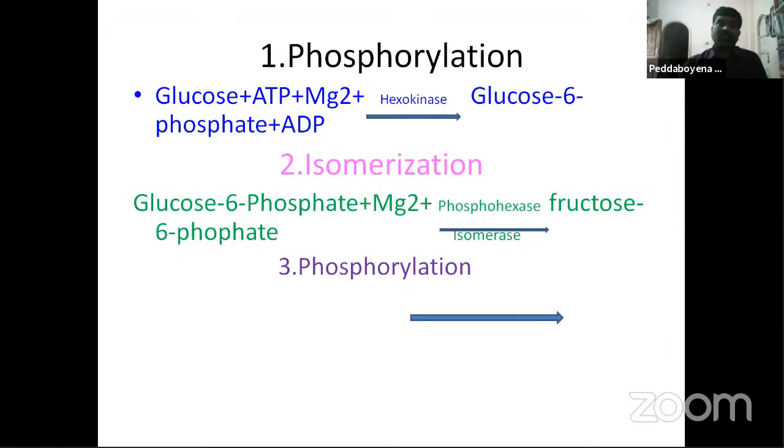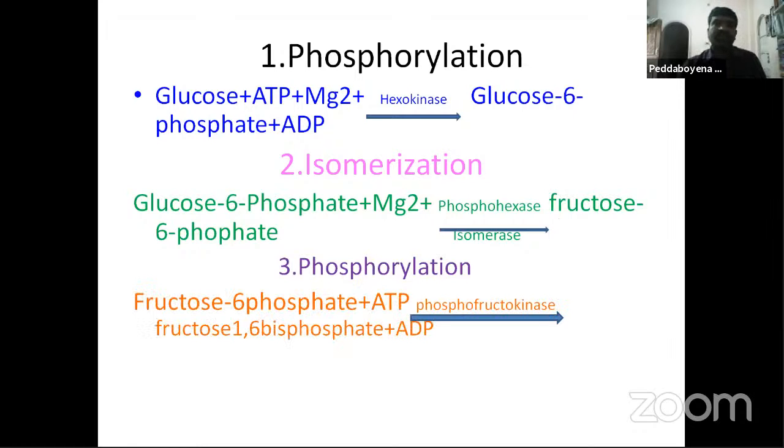And next is phosphorylation. In this also, the fructose 6 phosphate combines with the ATP. The ATP acts as a phosphate donor to the fructose 6 phosphate. One phosphate is added to the fructose 6 phosphate, resulting in fructose 1,6 bisphosphate, and ATP is the phosphate donor, so ADP is formed.